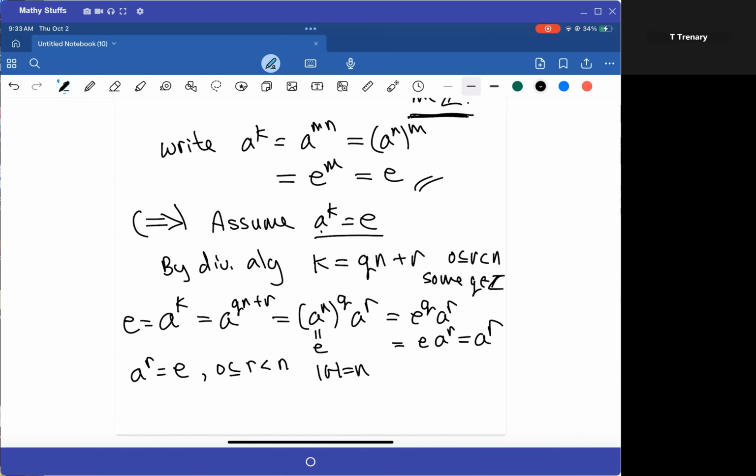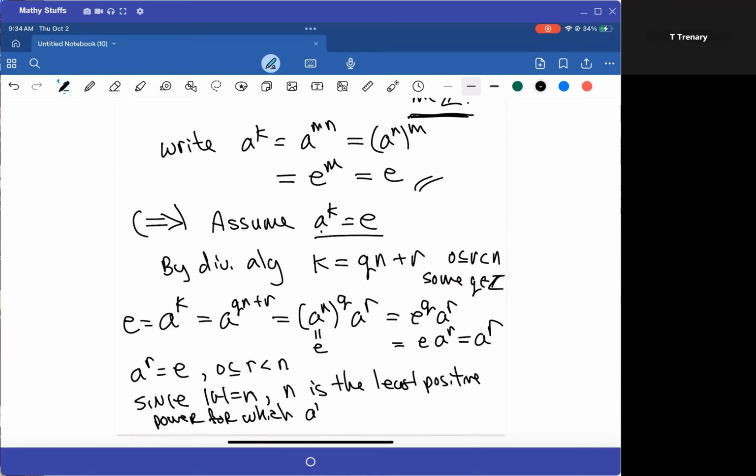And now that we know that, the only other alternative is, so let's write this out actually, since the order of g equals n, n is the least positive power for which a to the n equals e.